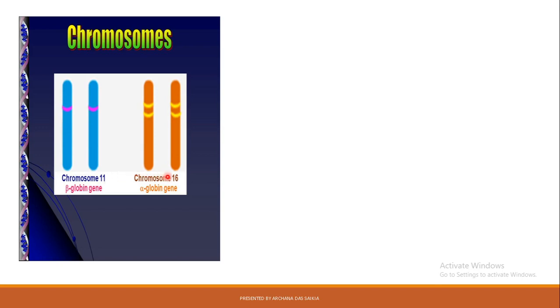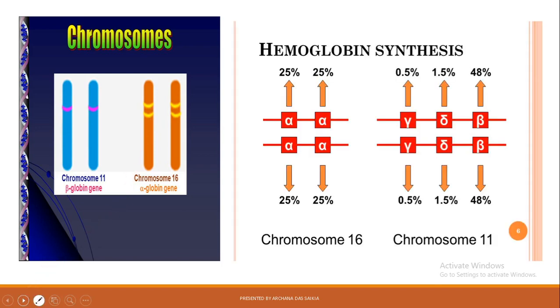Chromosome number 16 has the alpha globin gene. That means they have the genes which will help in formation of the alpha chain of hemoglobin. So chromosome number 11 and 16. Now here we can see chromosome number 16, which forms the alpha globin chain.